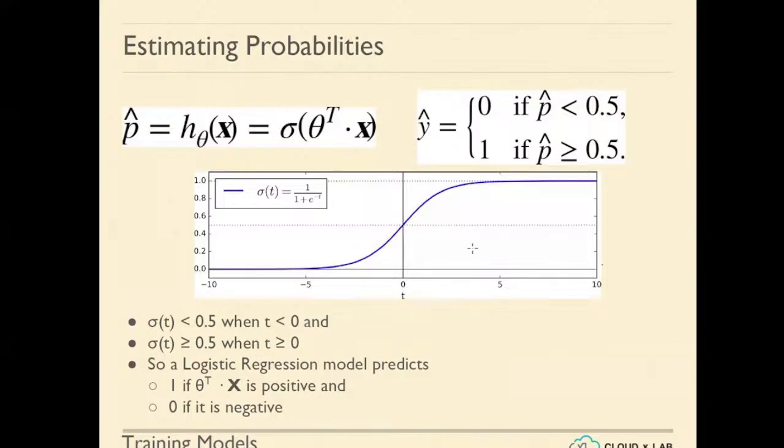If t has a positive value, which means the corresponding probability score will be greater than 0.5, right? So here you can say t is equal to theta transpose x we are taking here, right? This small t is equal to theta transpose x.